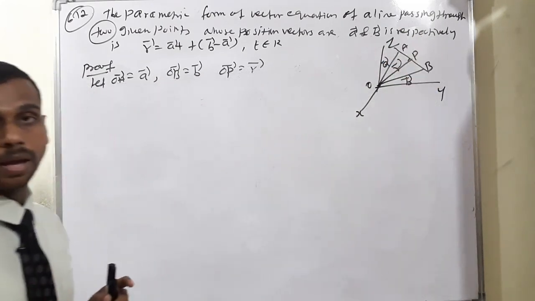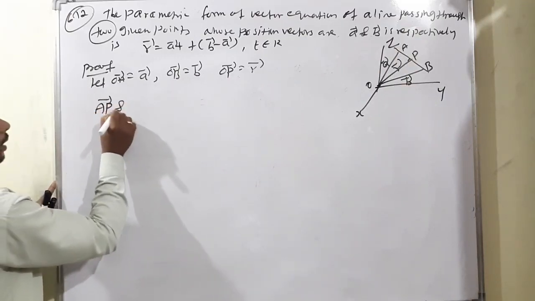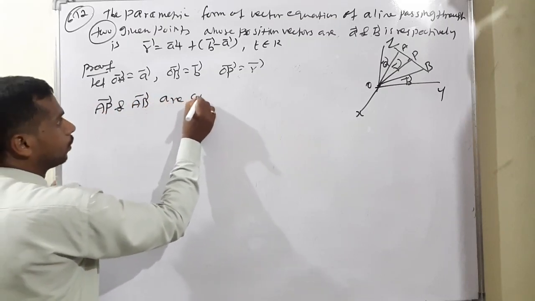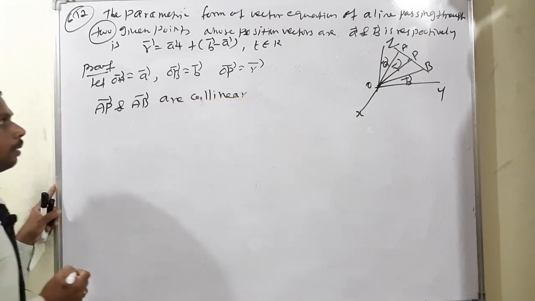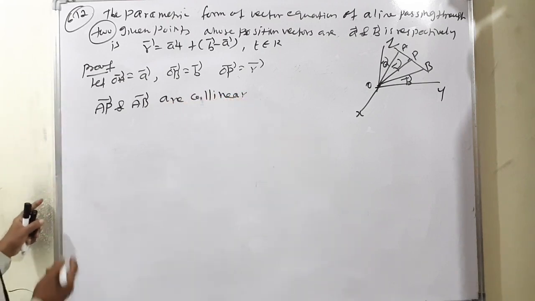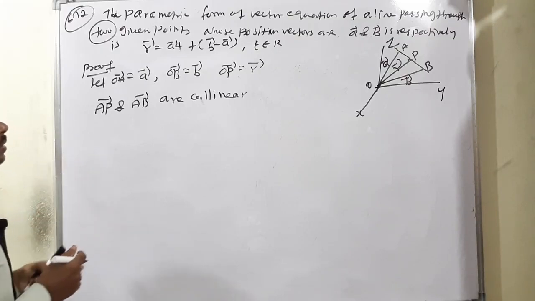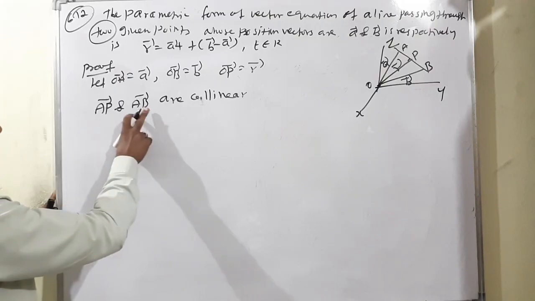Collinear or parallel means same line. So AP vector and AB vector are collinear means AP vector is parallel to AB vector.